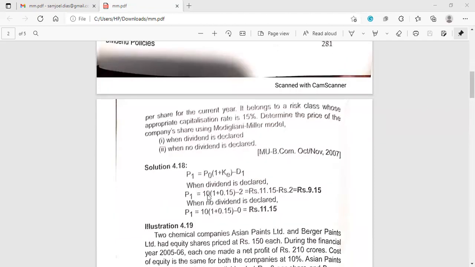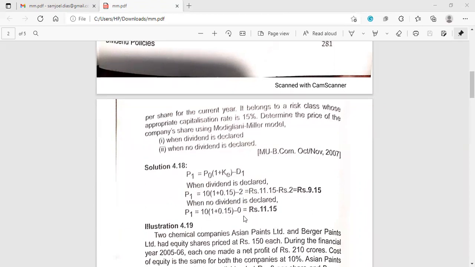Now with the same particulars, let us calculate on the assumption that there is no dividend. P0 is 10, cost of equity remains the same 0.15, but D1 will be 0 because there is no dividend declared. So that amounts to rupees 11.15.